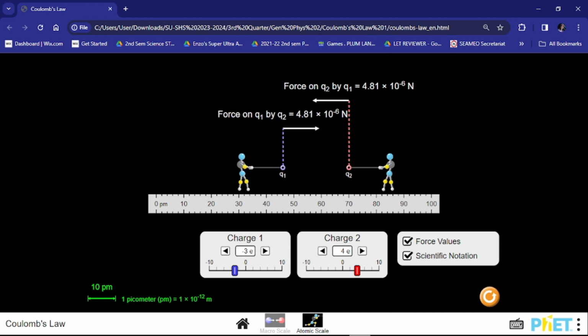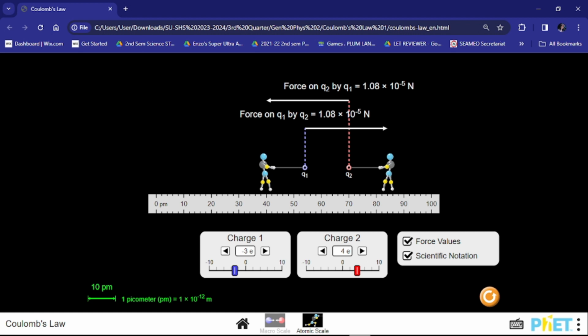As you can see, the values are increasing as I lessen the distance between the two. What other observation do you see? The force on quark 1 by quark 2 is equal to the force on quark 2 by quark 1. Why? Because it follows Newton's third law of motion, the law of action-reaction.